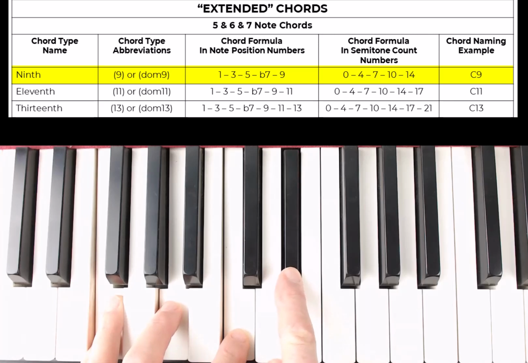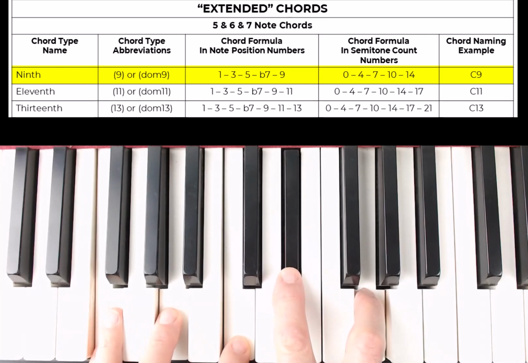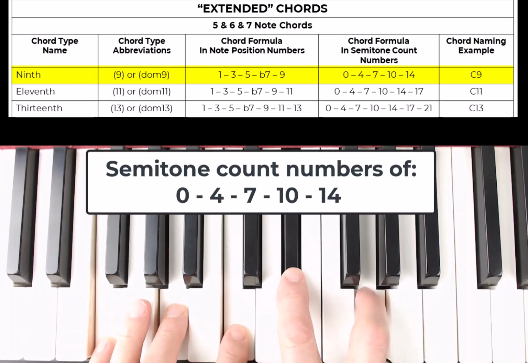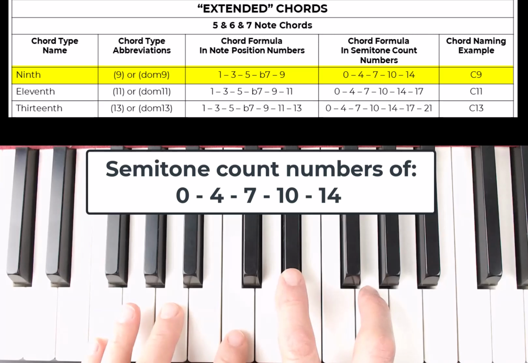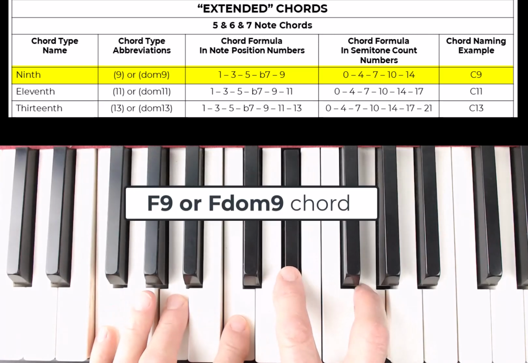And then we're going to add the 14th note, which is the ninth note. So if that's 10, 11, 12, 13, 14. So we're going to play those 5 notes, 0, 4, 7, 10, 14. In this example, we're starting on the F note, so that would be an F ninth chord. That's, again, by the numbers like we've seen before.